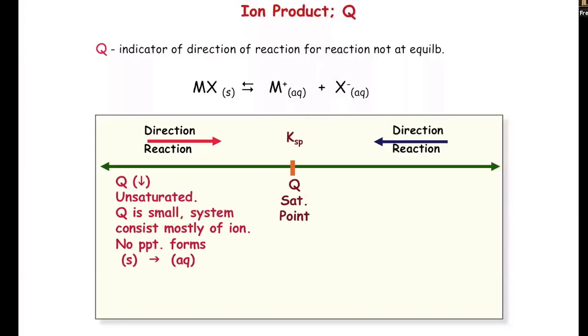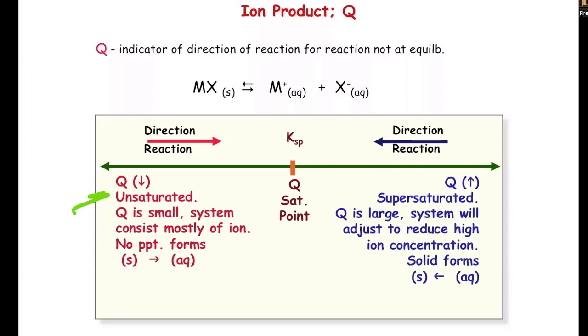So it's unsaturated when Q is less than KSP, and it's not going to form a precipitate. It's going to dissolve. Here it's saturated. Here it's oversaturated, and the amount that is above the solubility is going to start to form a precipitate.